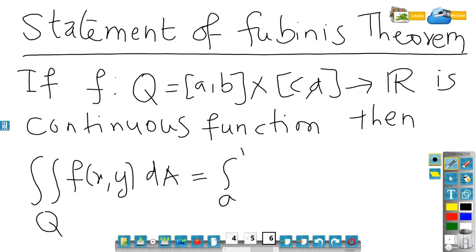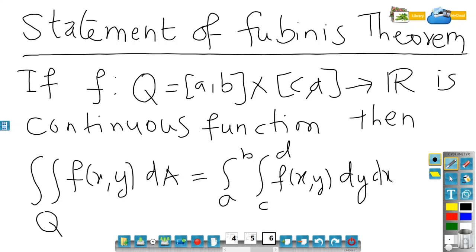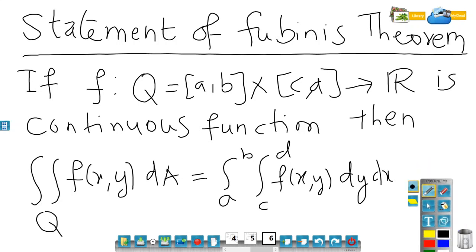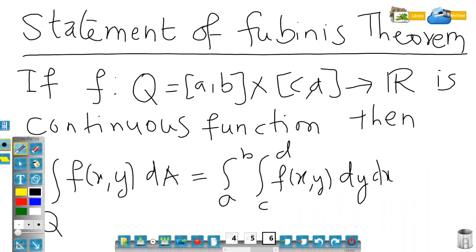So what is an iterated integral? A to b, c to d, f of x comma y. Now here the order is dy dx, is the same as your c to d, a to b, f dy dx.